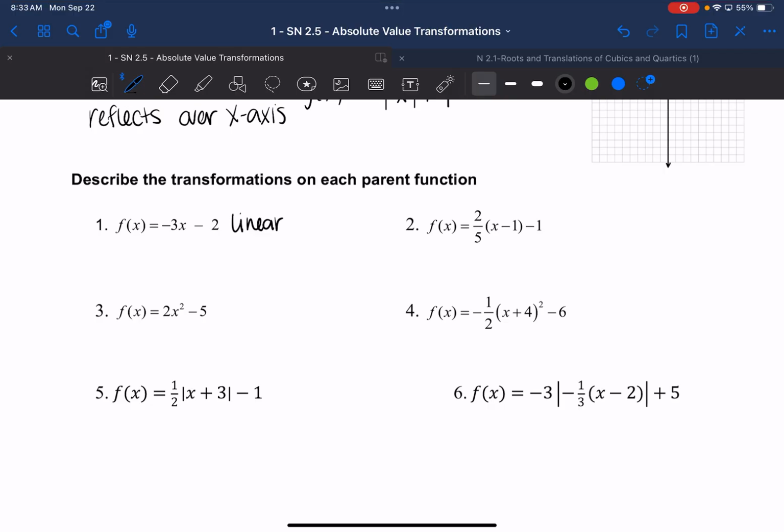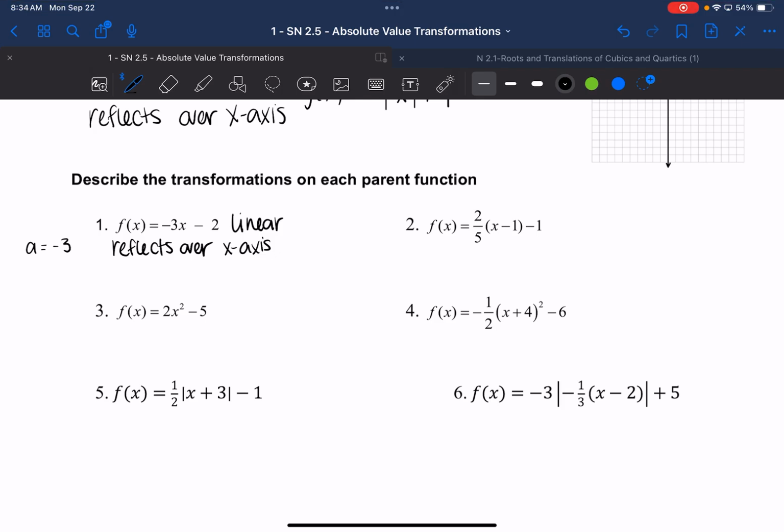And then we're just going to describe the changes that happen. So for this one, what do we see in the a value place? a -3, right? So what does that make happen? Reflects over the x-axis. Very good. And what does the 3 do? What did we call that?